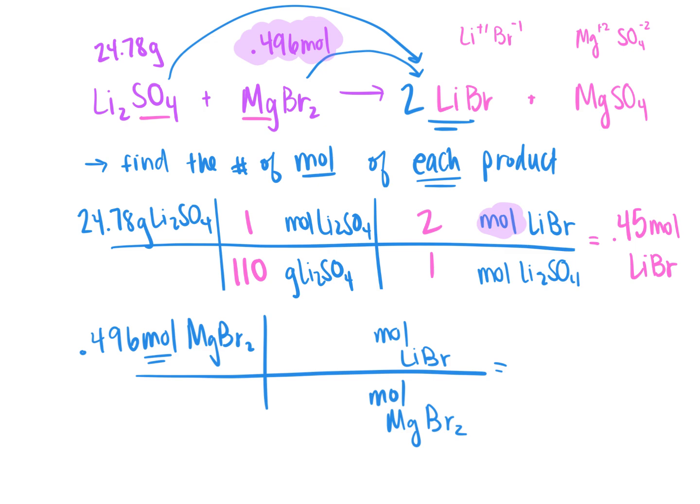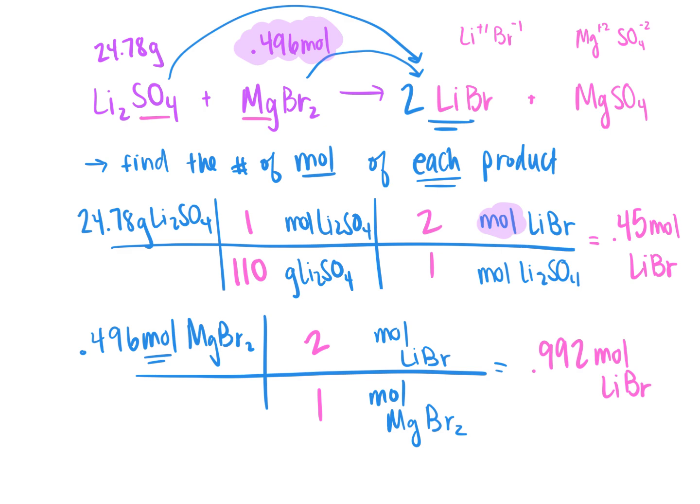Yes, you're right. 2, 1. So I'm going to take 0.496 times 2, and I get 0.992 moles of LiBr. So from the information we have right now, can we answer part of our question? Yes.